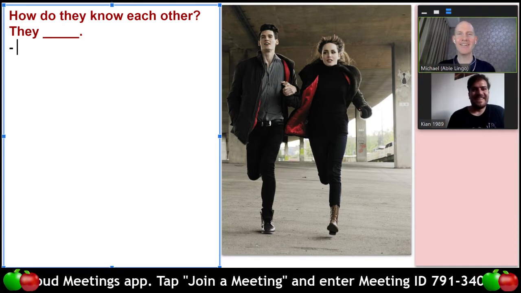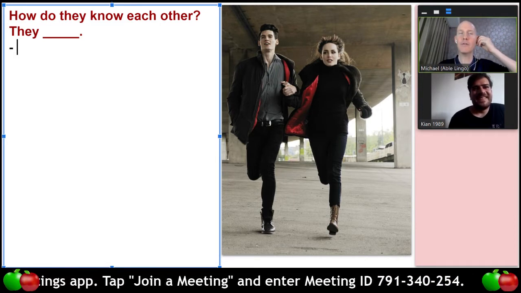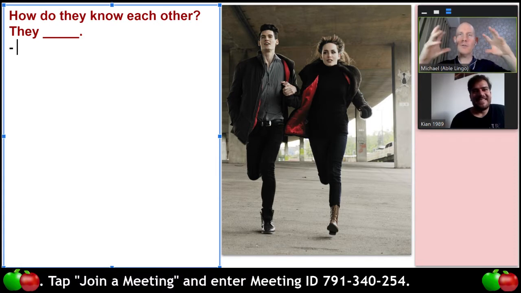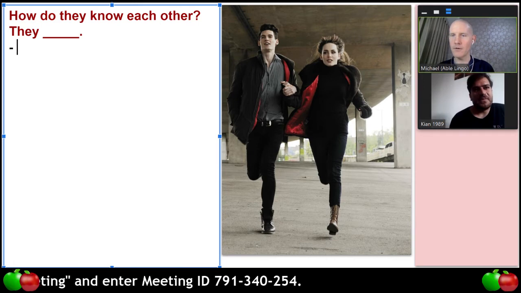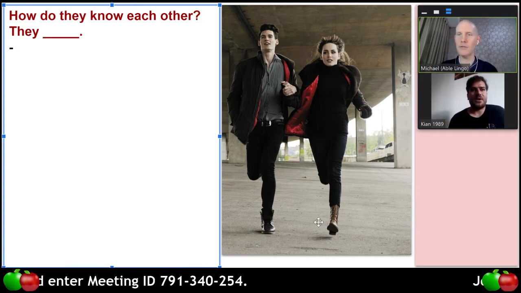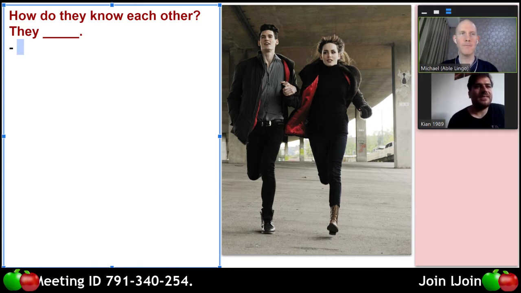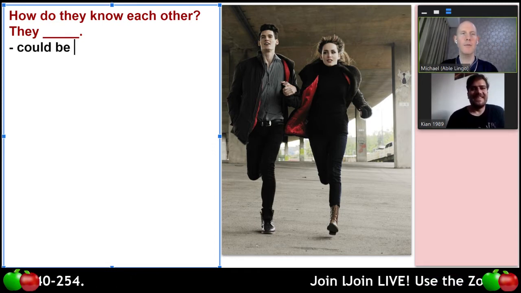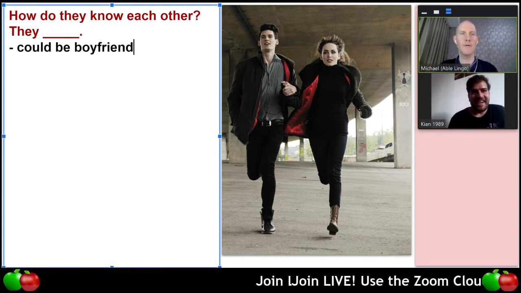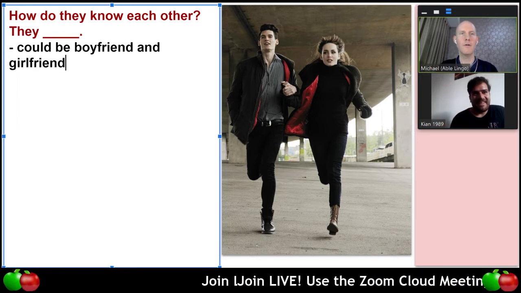Okay. So either way, if they're serious or not serious, what do you think their relationship is? How do they know each other? And I'm looking in the comments. Probably they're boyfriend and girlfriend. Sure, they could be boyfriend and girlfriend.